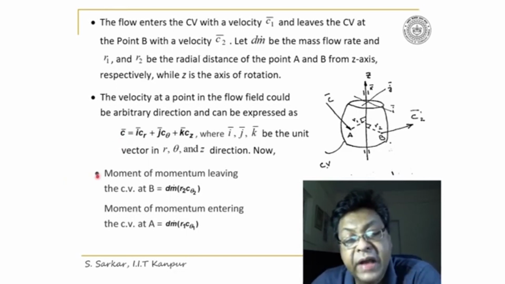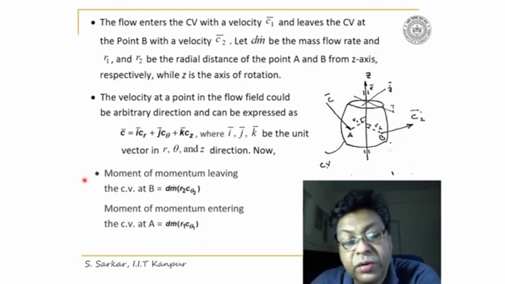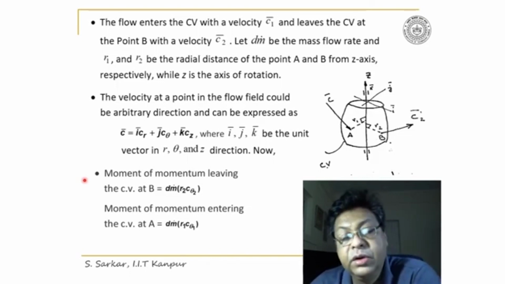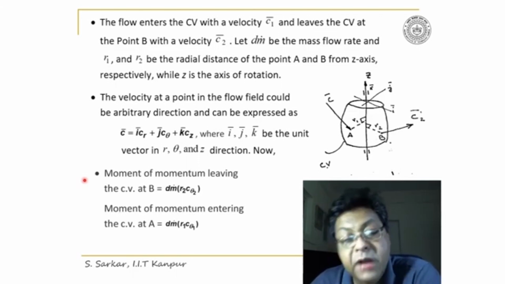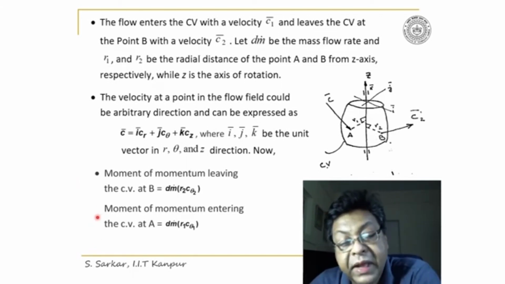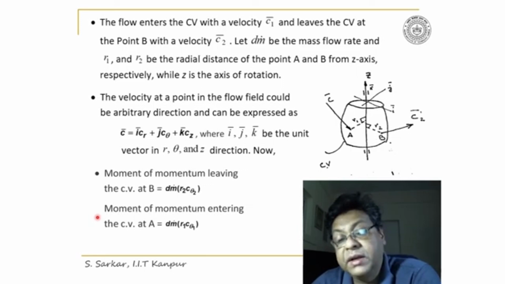Therefore, I can write that the momentum leaving the arbitrary control volume at point B is dm dot into R2 into C theta 2. And the momentum entering the control volume at point A is dm dot into R1 into C theta 1.